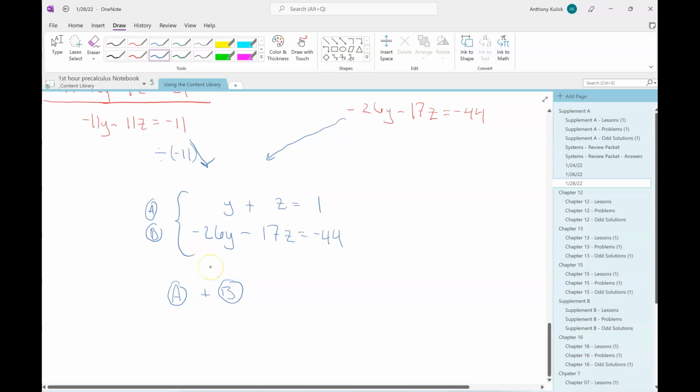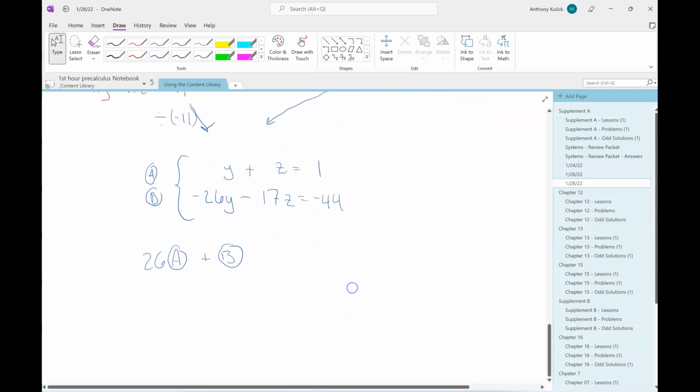So what do I need to multiply the equations by in order to eliminate the y's? It's 26 times equation A, right? I don't even need to worry about B. B is fine just the way it is. So 26A, or 26 times A, is that.